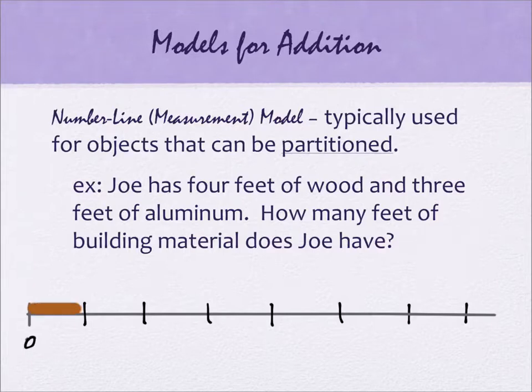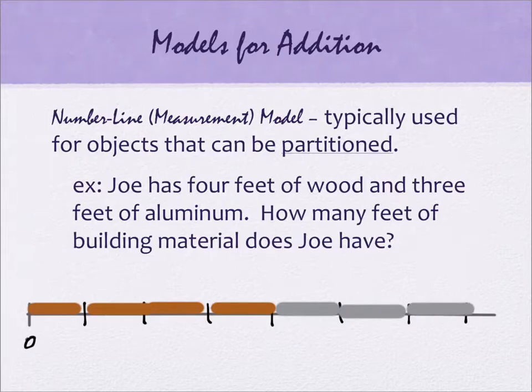So here's my 1, 2, 3, 4, pretend like they were drawn better, but there's 4 feet of wood. I can put them end to end. And then I've got my 3 feet of aluminum. 1, 2, and 3. And I can still count the objects in much the same way, but I can also count the distances that the objects have crossed or passed through. And the answer then would be 7 feet.